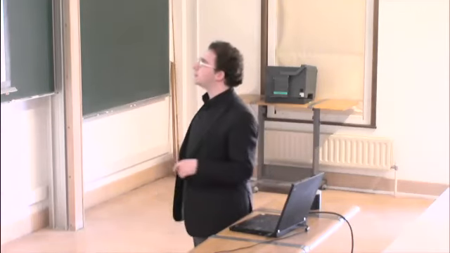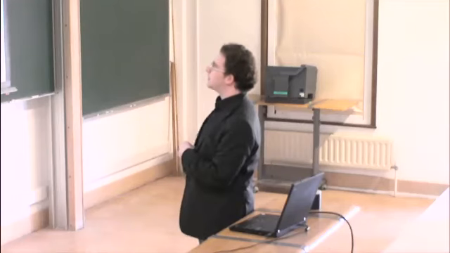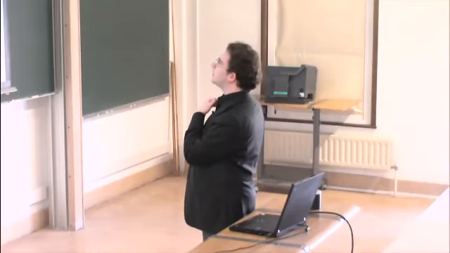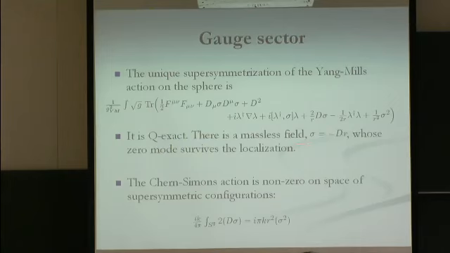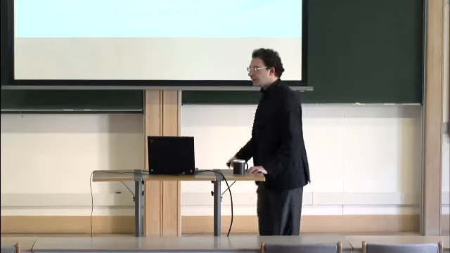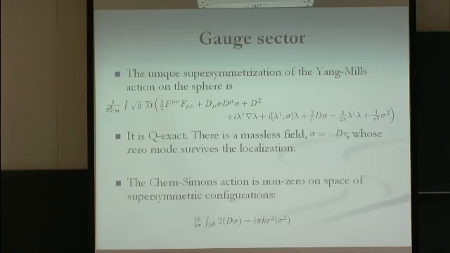Okay, so let me not discuss this in detail because I have other things I want to talk about, but one thing to note is that the supersymmetrization of the Yang-Mills action is just Q exact, so the answer in particular doesn't depend on Yang-Mills. And the supersymmetrization of the chiral multiplet action is also Q exact, the thing I wrote before, so it also doesn't depend on the coefficient of that either.